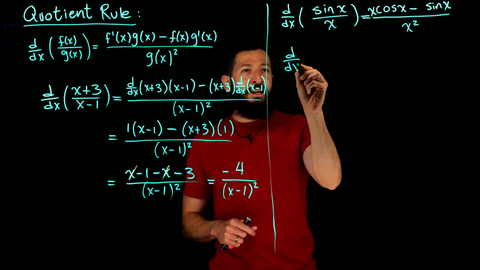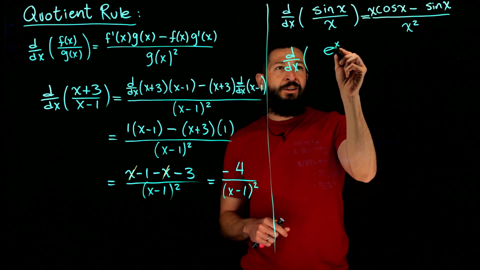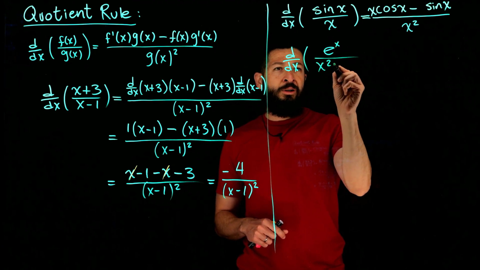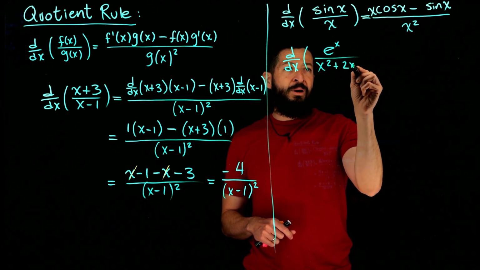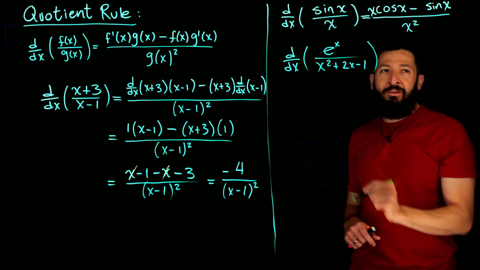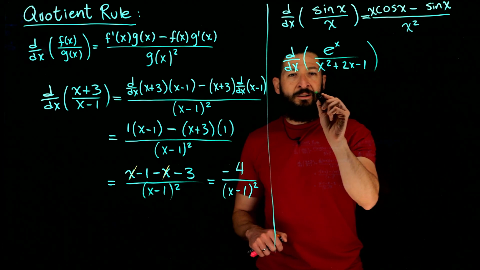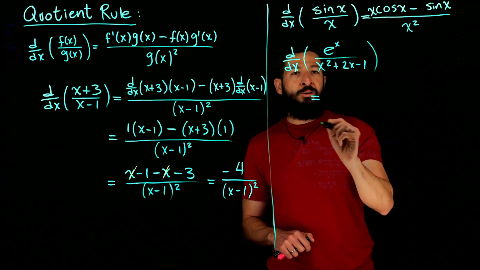So let's take a look at another one of those. So let's do, for example, e to the x over, and let's do some x squared plus 2x minus 1. Something like that. I'm going to keep writing down here because I'm not going to have space if I try to write it in line. So let's write that derivative here. Derivative of the numerator.